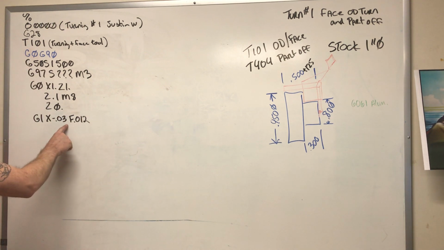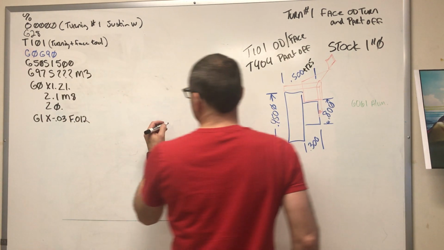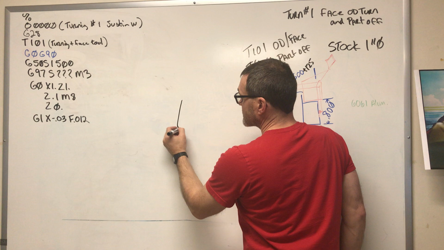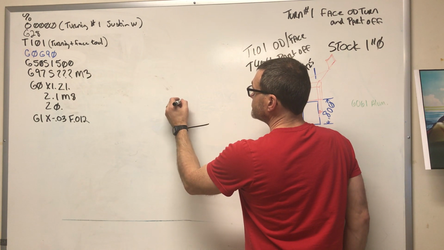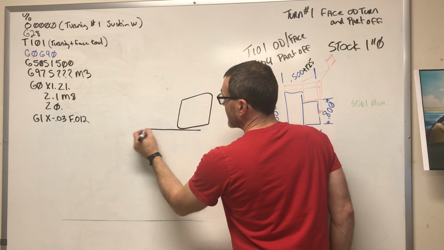Now, I went down past the 0 point of the spindle because I've got some tool nose radius. So let's just imagine this is our insert, and say this is the center line of our part.